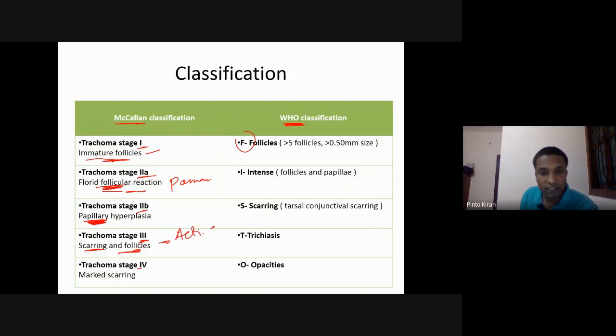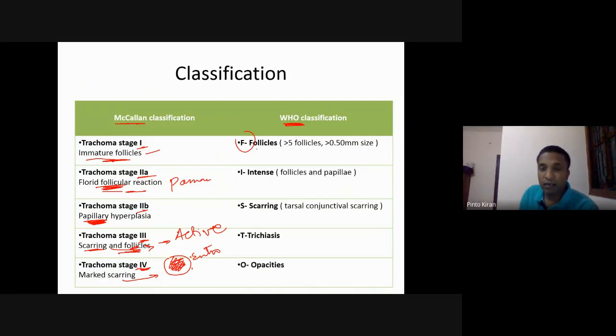Whenever there are follicles, that means the disease is still active. Scarring may be in the form of Herbert's pits, but to a lesser extent in comparison to stage 4, where you will have very severe entropion, corneal opacity covering the area, trichiasis, everything.